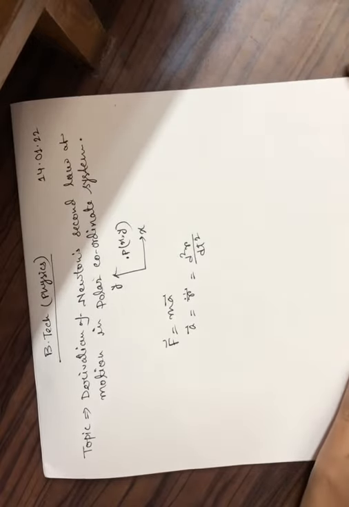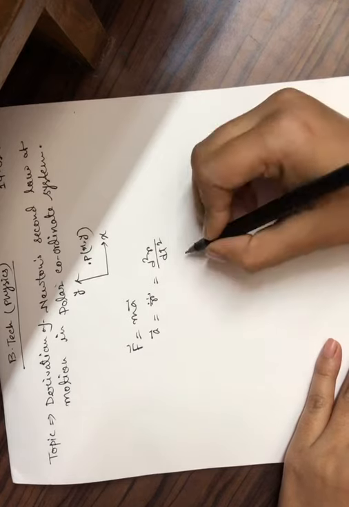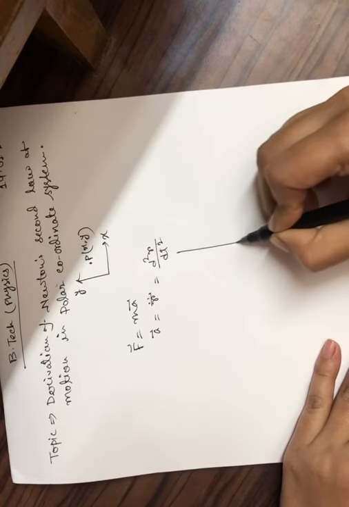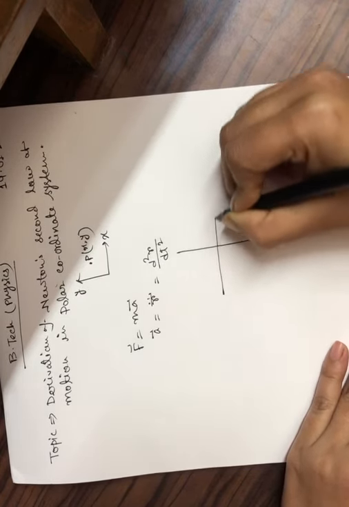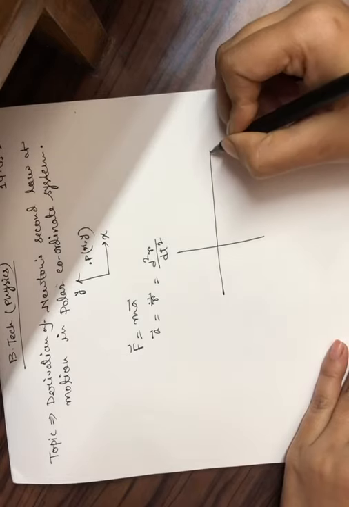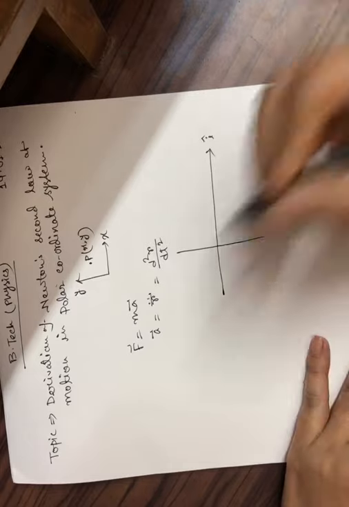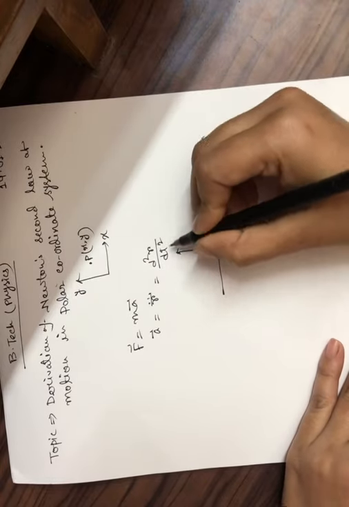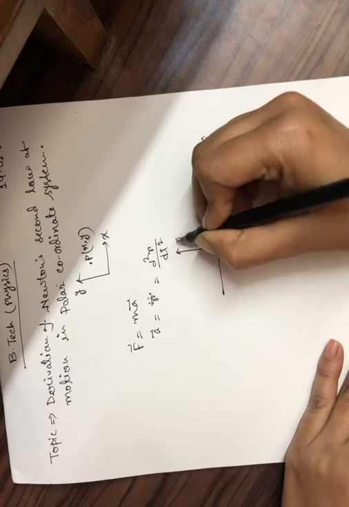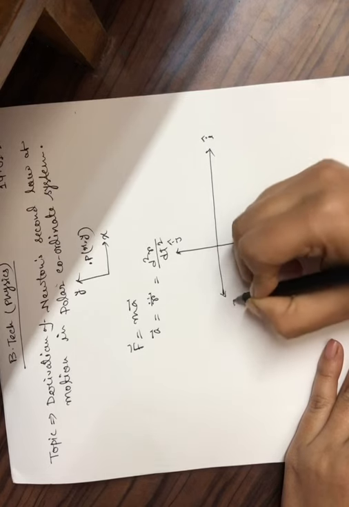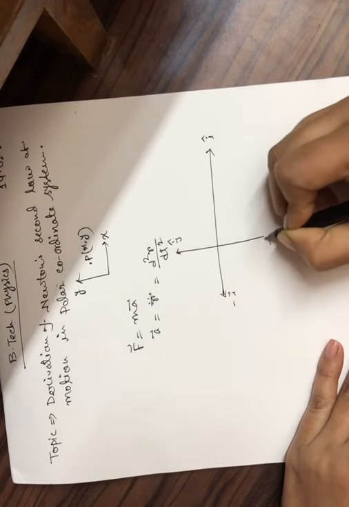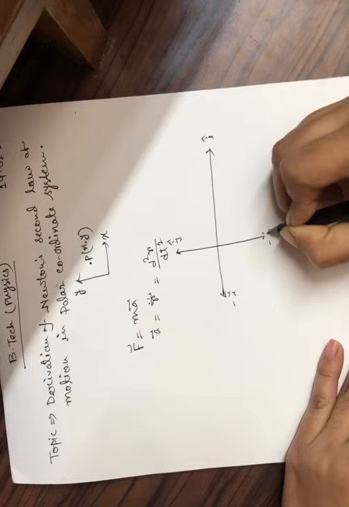So in doing that, let us draw the geometric coordinate system. This is the x coordinate and the unit vector along the x-axis is i cap, and this is the y-axis. The unit vector along the y-axis is j cap. This is the negative x-axis and this is the negative y-axis.